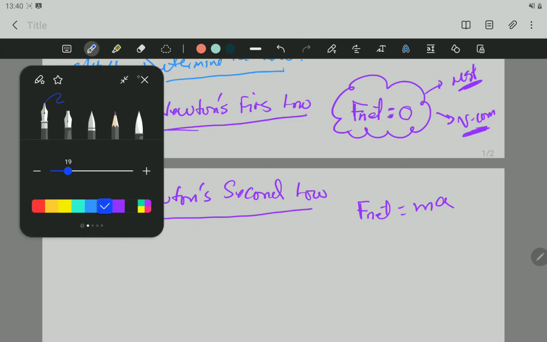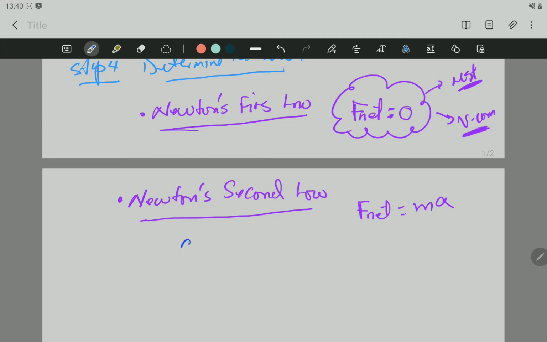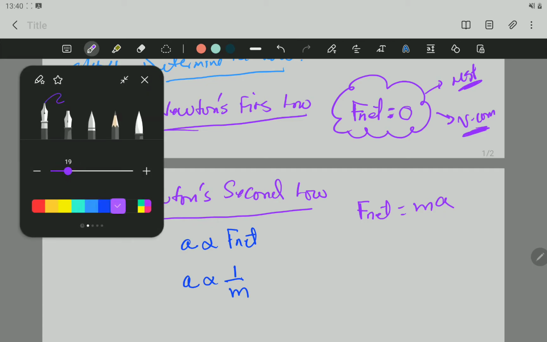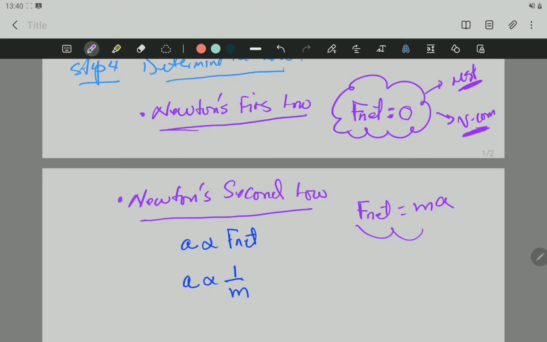In symbols, acceleration is directly proportional to the net force and inversely proportional to the mass. So this is the formula for Newton's second law. When are we going to use it? When the object is not at rest and not moving at constant velocity.